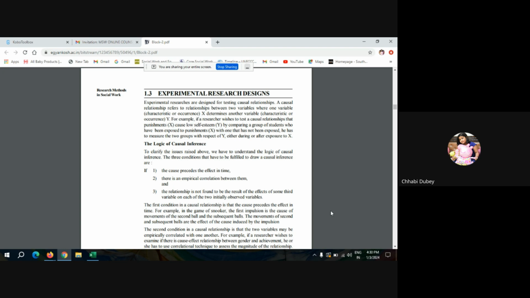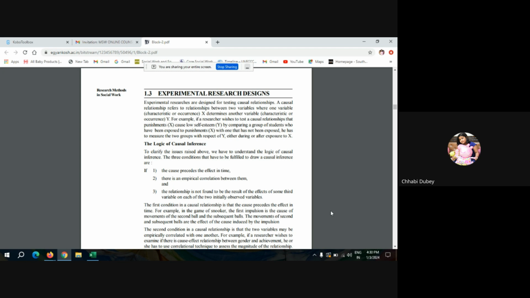Second, there is an empirical correlation between them. And third, the relationship is not found to be a result of the effect of some third variable on each of the two initially observed variables. So these are the three conditions that have to be fulfilled in order for a case to be a fit case for experimental research design.